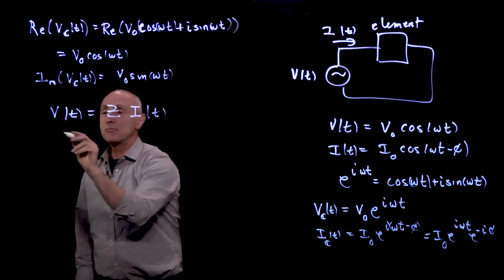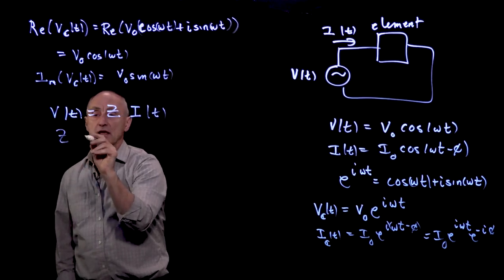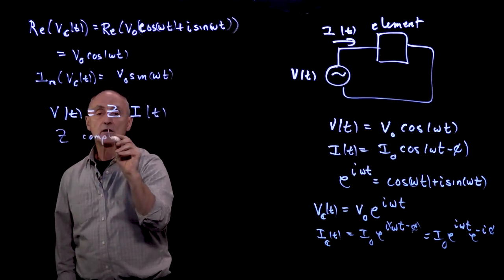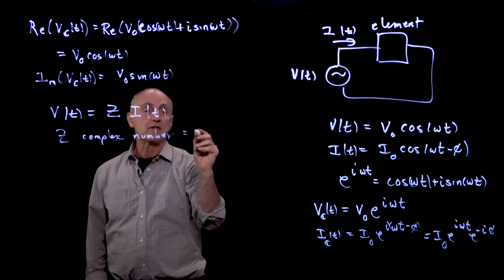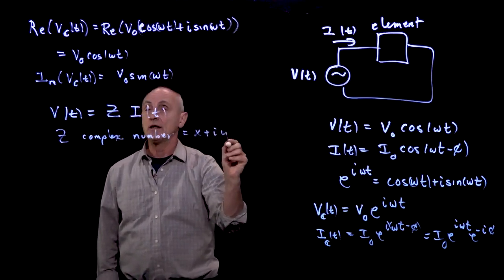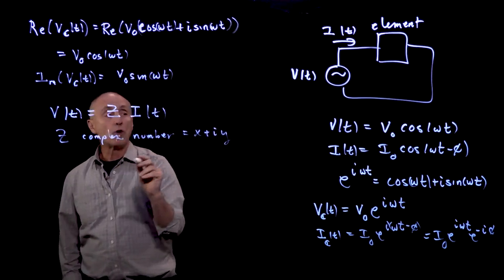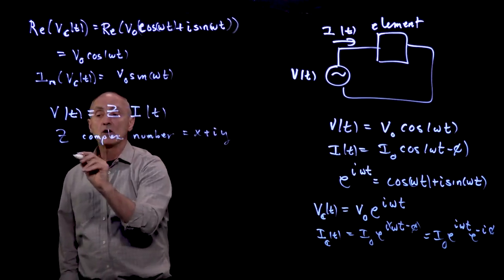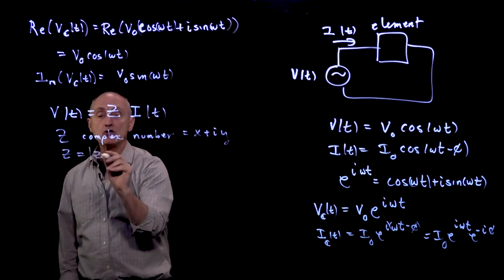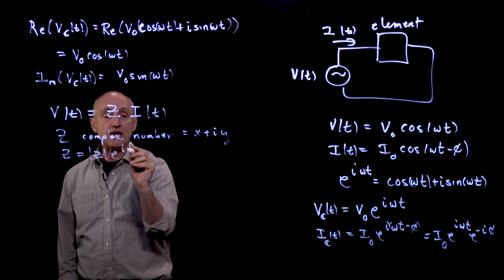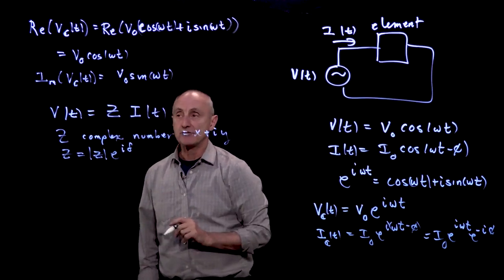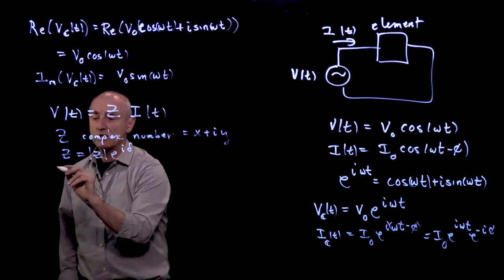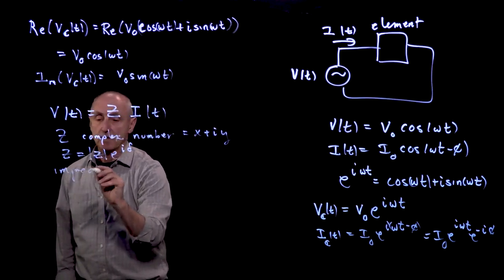This number Z is a complex number. We can think of it as some number x plus iy, or more importantly, we'll think of Z as a modulus and a separate phase, writing a complex number as a modulus and a phase. And this is called the impedance.